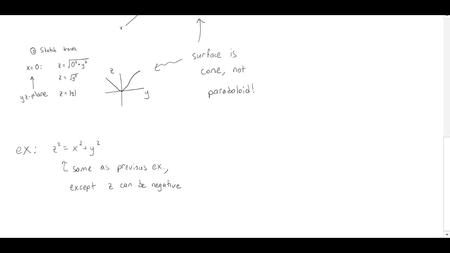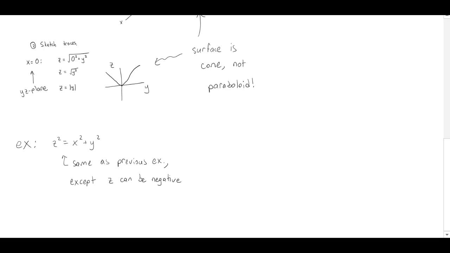So this surface is not going to be a cone, but I guess what some people call a double cone. Basically, we have the same cone from earlier above the xy plane, but now there's also going to be a mirror image.